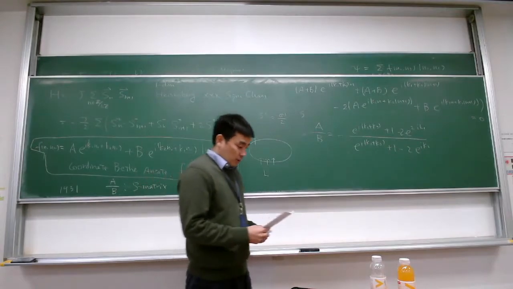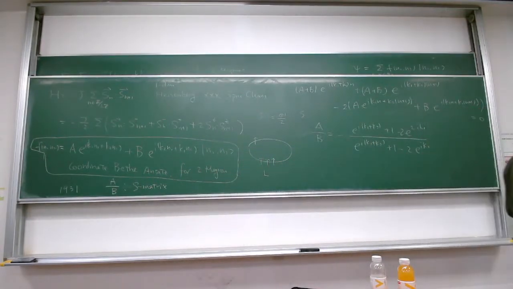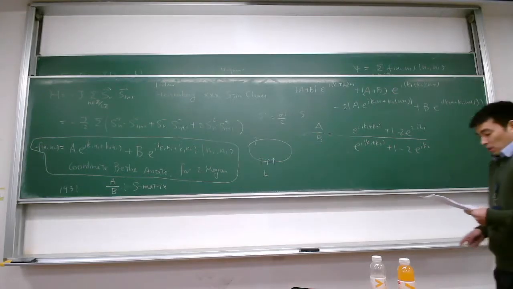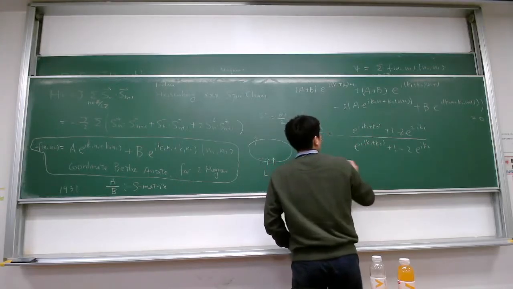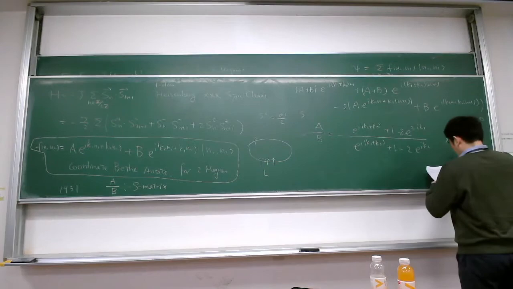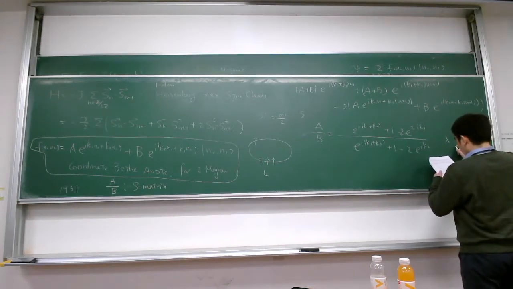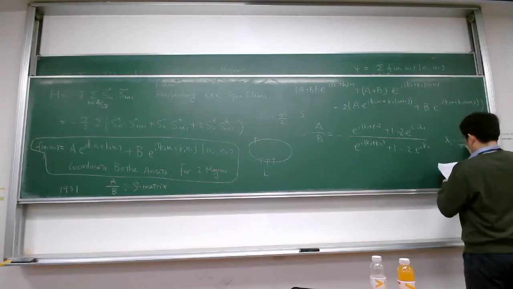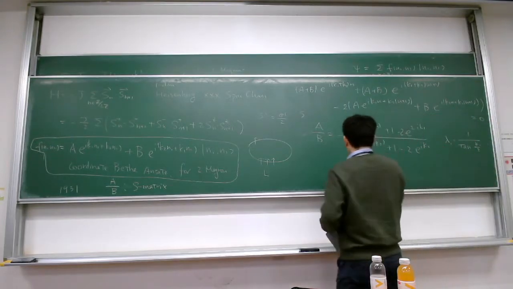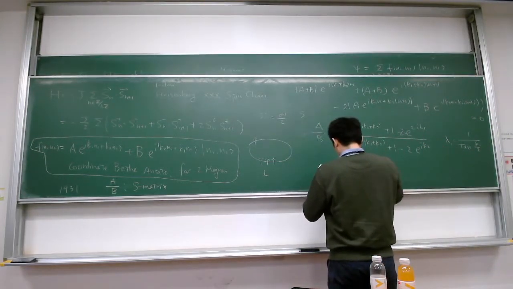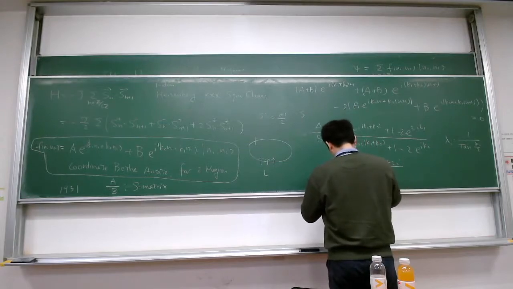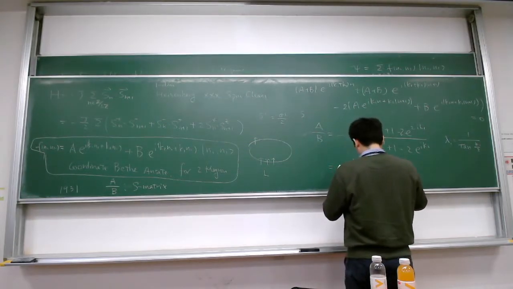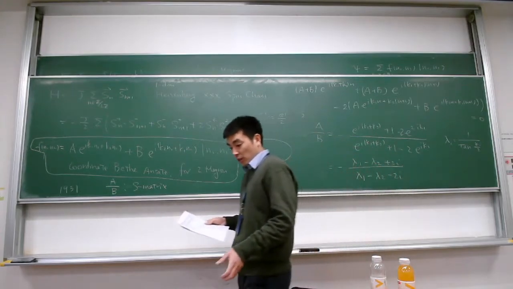And then we want to derive, so we can, if you introduce the following coordinate lambda_i equal to 1 over tangent of k_i over 2. If you introduce this one, this can be written as minus lambda1 minus lambda2 plus 2i, divided by lambda1 minus lambda2 minus 2i.